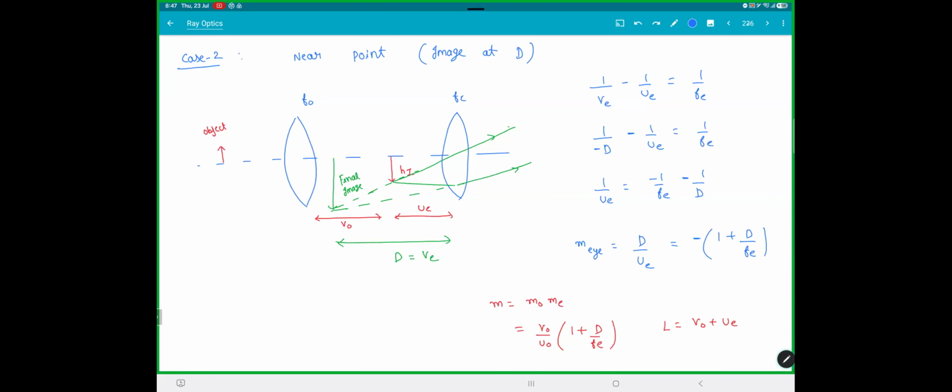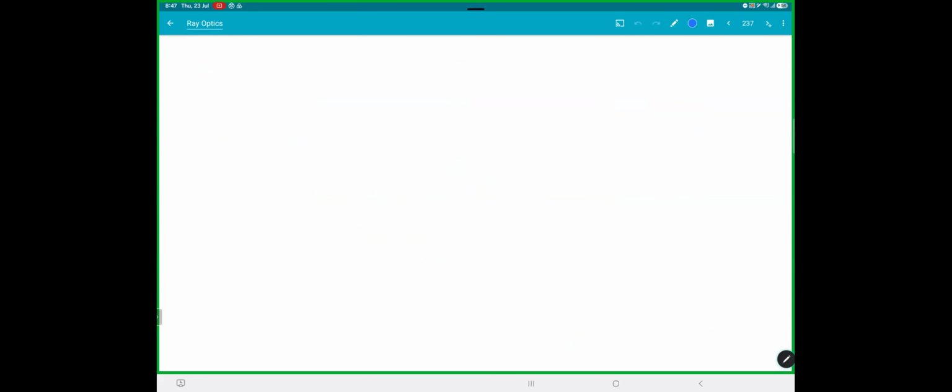So that's about the compound microscope. And the last thing is a telescope. So what is the difference between a microscope and a telescope? At the end of the day, the story is always about looking at angles. In a microscope, the object is so small, the angle subtended is very small, so we need to make the angle big.